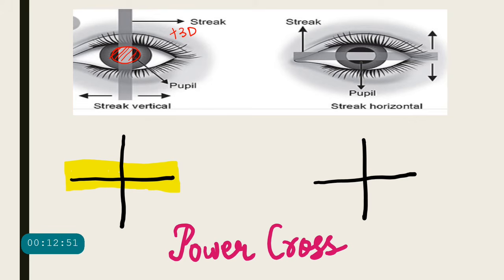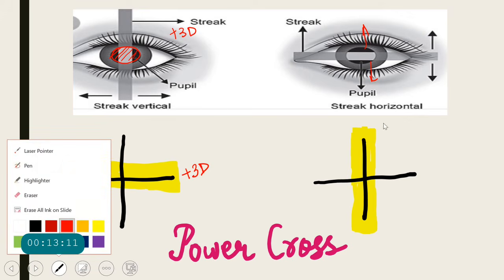So for the horizontal meridian over here, you are going to write +3 diopters. However, if the streak is horizontal and you are sweeping up and down, you are testing the vertical meridian, and whatever power you get after neutralization, you are going to write across this vertical meridian.